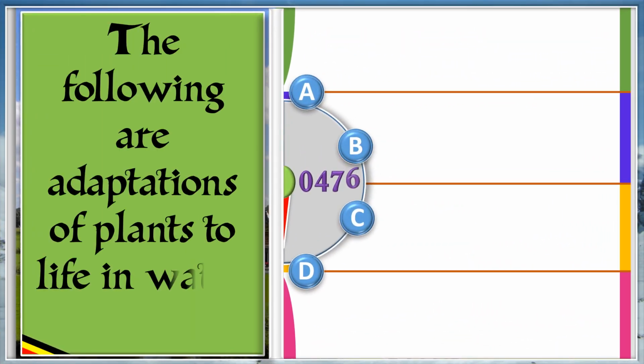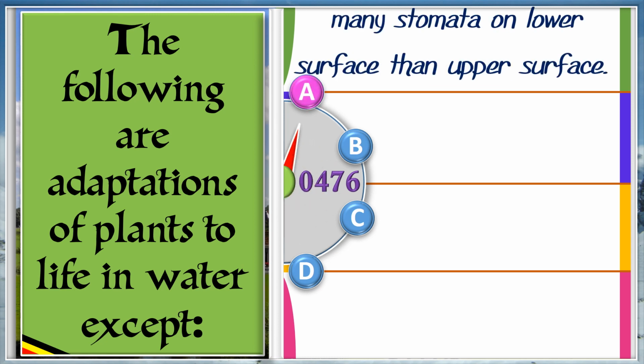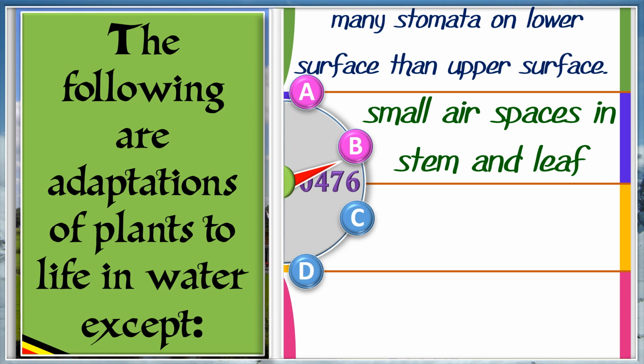The following are adaptations of plants to life in water except: A. many stomata on the lower surface than the upper surface. B. small air spaces in stem and leaf.